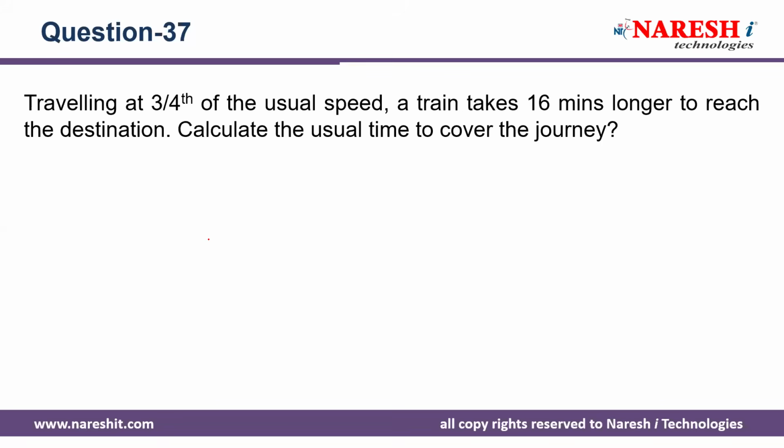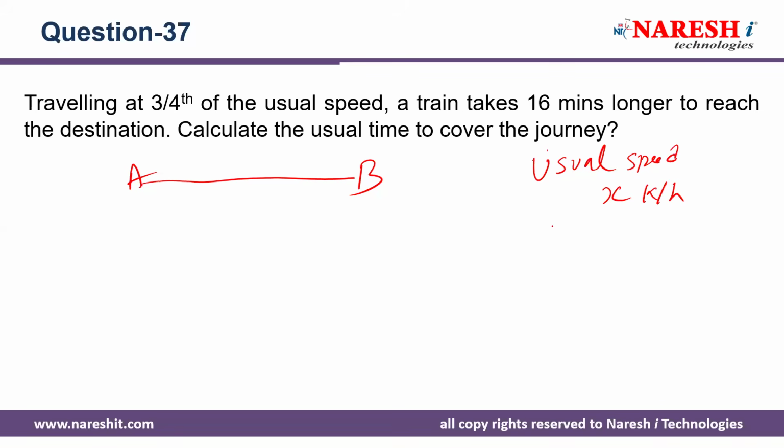Now, again, one more from time speed distance. A man traveling from A to B is traveling at 3 by 4th of the usual speed. Let's assume the usual speed is x kilometer per hour, but he is traveling at 3 by 4th of x.